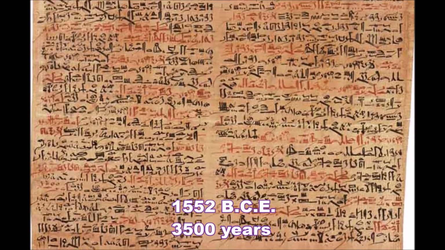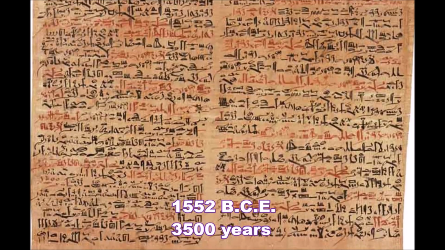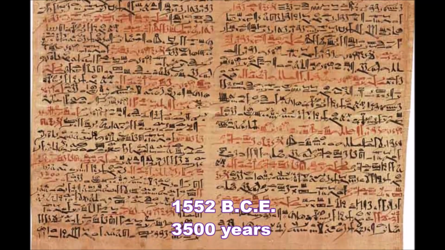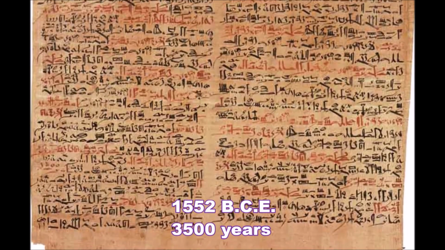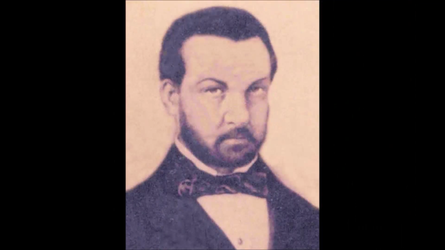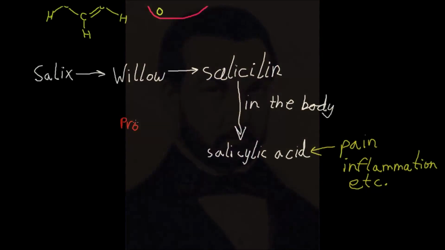It mentions the use of willow bark for relieving pain and fever. So humans have known that there was something great about the willow tree for a long time. But it wasn't until 1838 that an Italian chemist called Raffaele Piria managed to make pure salicylic acid from salicin extracted from willow bark.